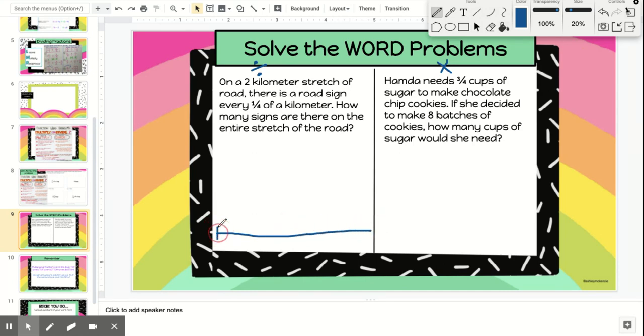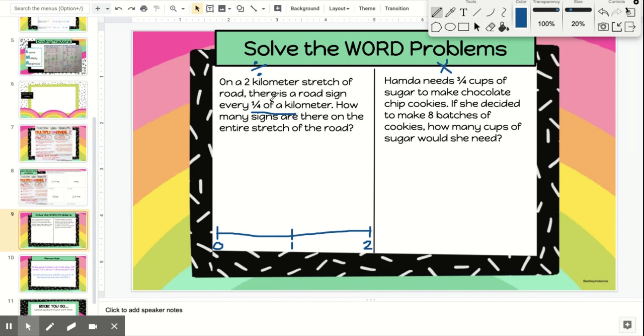This is 0, the start of the stretch of the road. Halfway would be the 1-kilometer mark, and then the end would be the 2-kilometer mark. So this is our road, and it's saying every 1/4 of a kilometer, there's a road sign.